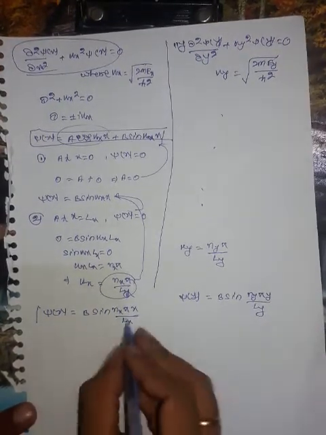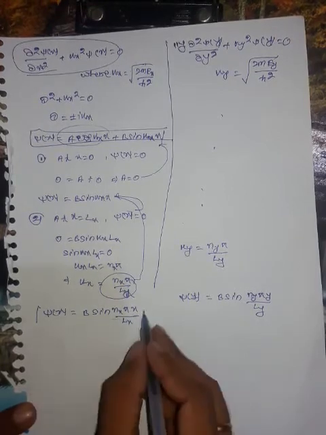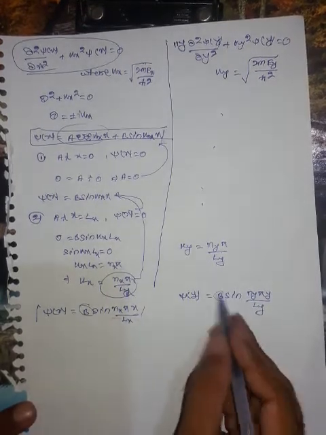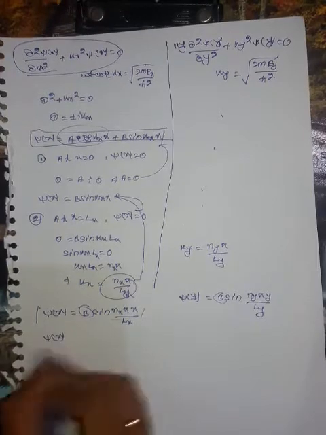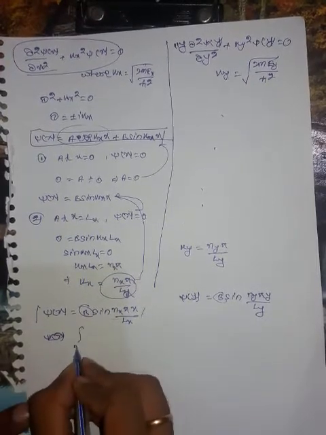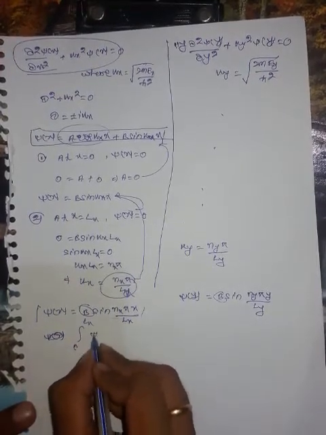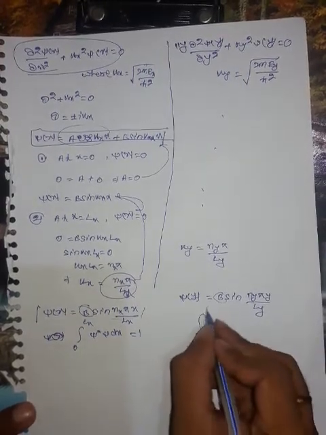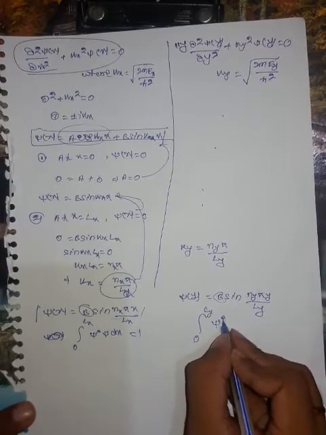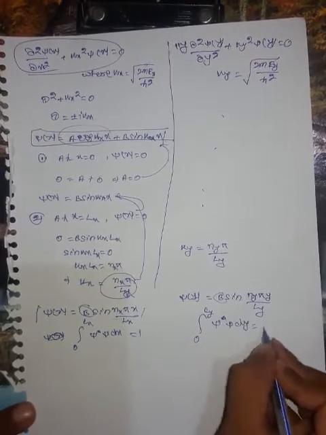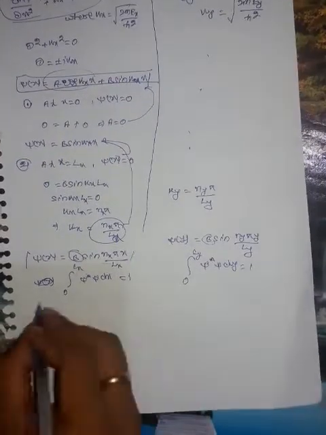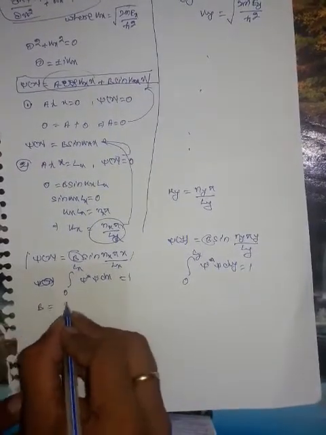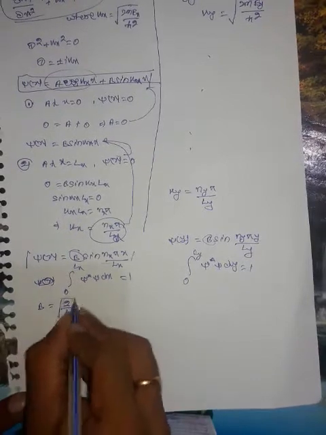By using the normalization condition, that is the integral from 0 to Lx of psi star psi dx is equal to 1, and here also the integral from 0 to Ly of psi star psi dy is equal to 1, we can find the value of B, and the value of B becomes under root 2 by Lx.